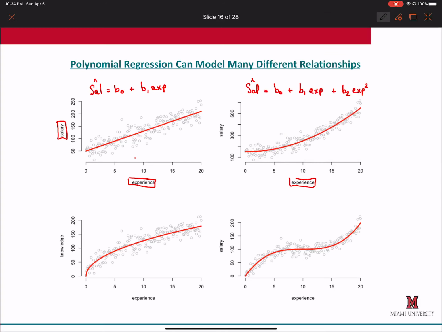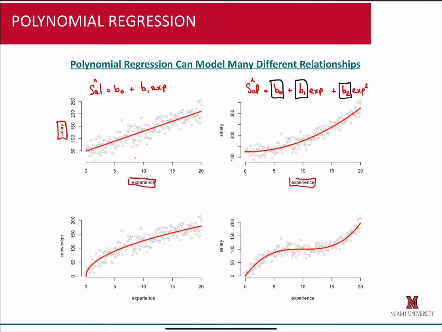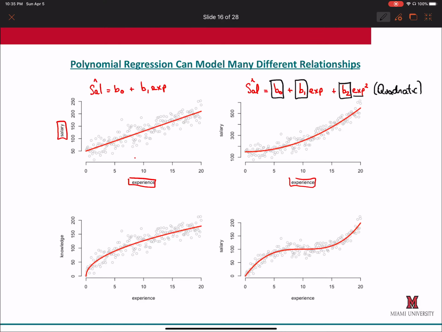Remember, a linear model is determined by the coefficients, not by the variable. All of these coefficients are linear, which means the model would still be a linear model. In that case, this model is what we call a quadratic model because the variable here, experience, is to the power of 2.